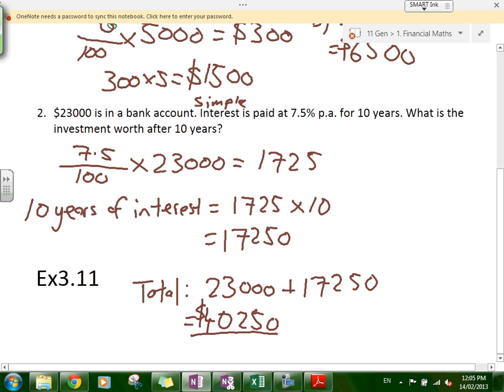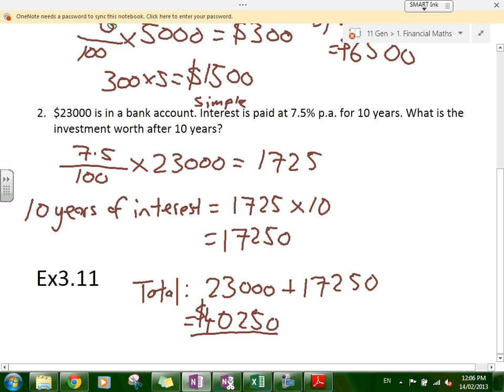Which seems okay, but if it was compounded, even annually, it would be much more. Compound interest builds up much quicker. But that's simple interest. So exercise 3.11, I'd like you to do for, let's say, 10 or 15 minutes.